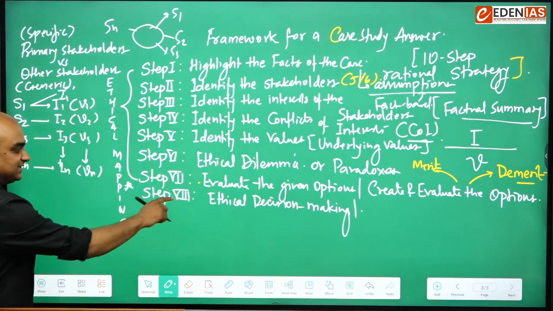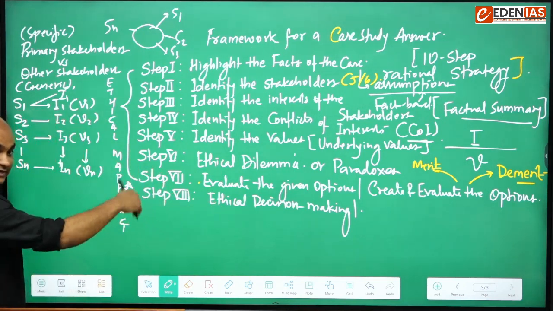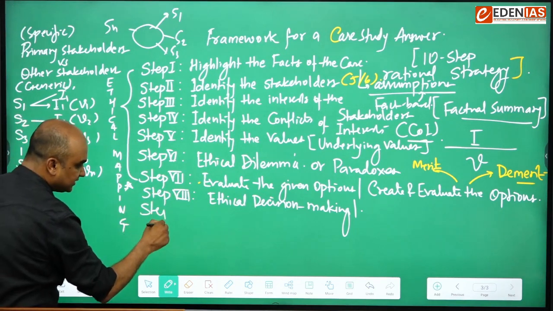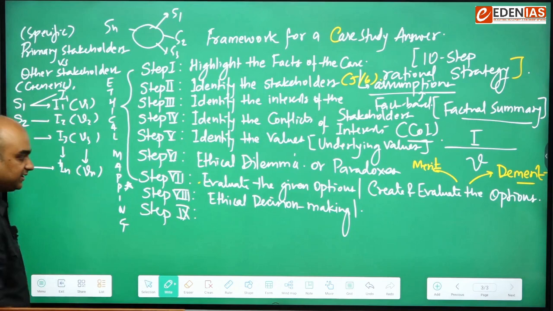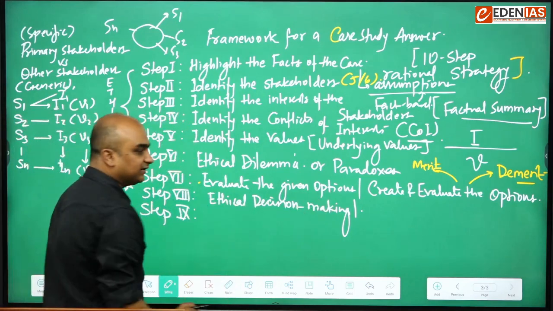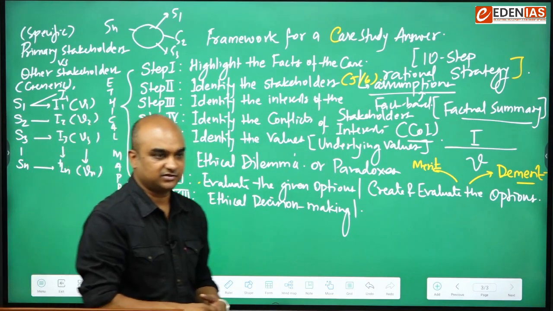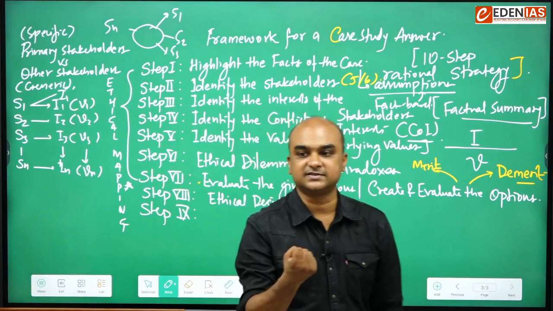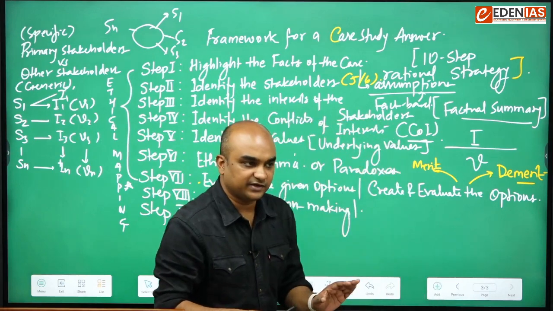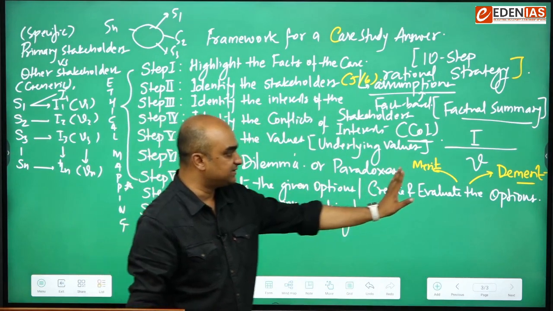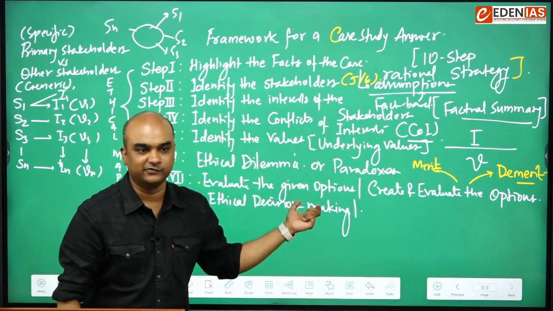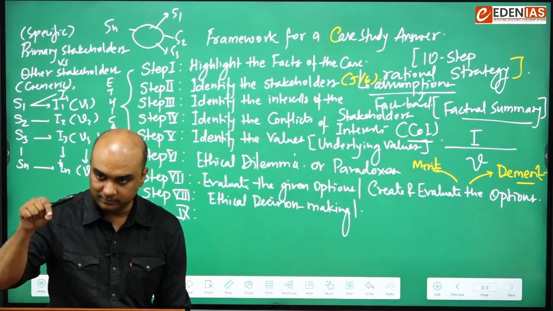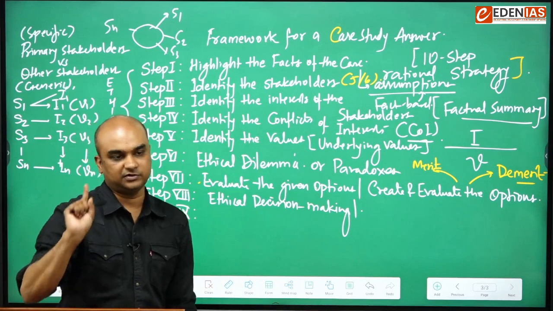But this step is incomplete without step 9, which is the penultimate step. Here, the decision that you have taken, you have to justify that decision. Why you have taken this decision. Now, that justification cannot be purely on the basis of the advantage or the disadvantage of this particular move, but it also has to be grounded on moral philosophy.